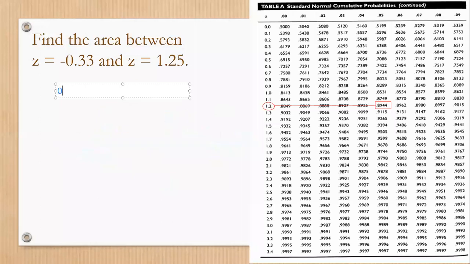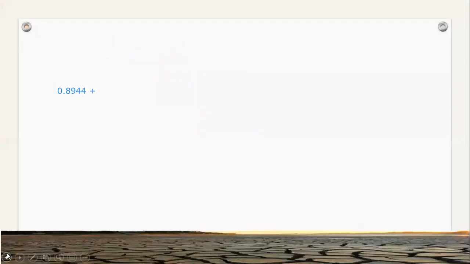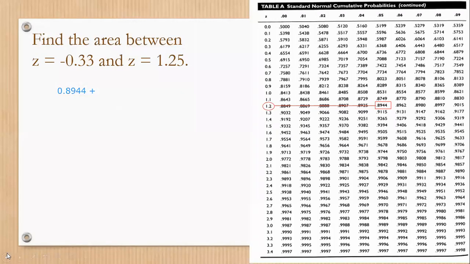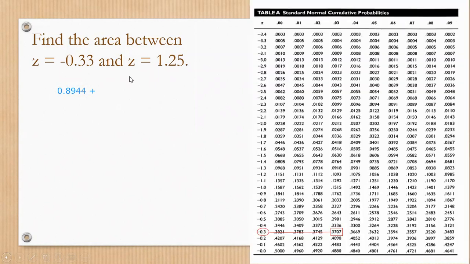For 1.25, the value is 0.8944 added to the value of negative 0.33. It's 0.3707. So that means the total area is 0.